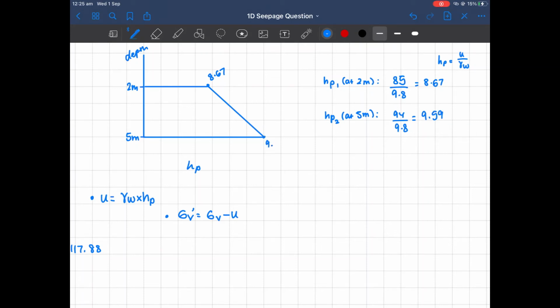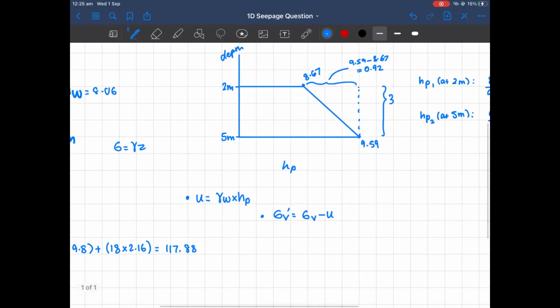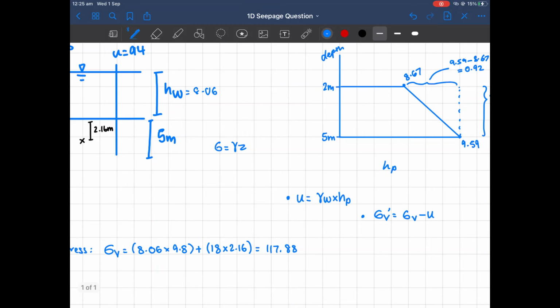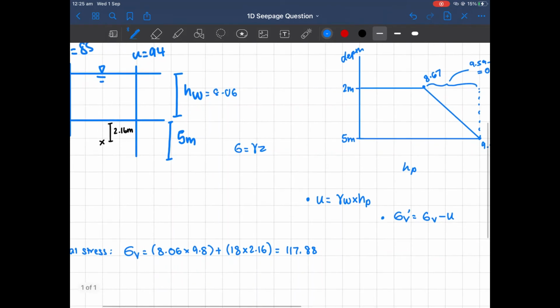So now we know that the difference here to here is 3. Again, it's a linear relationship because we're only dealing with one type of soil. And this distance here will be 9.59 minus 8.67, and that gives us 0.92. Now, we're asked to look at the HP of the specific point, 2.16, so that we can find U and so that we can find the effective stress.